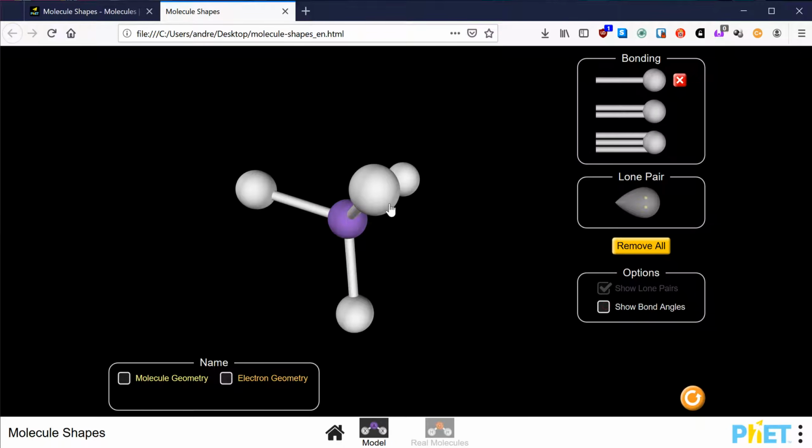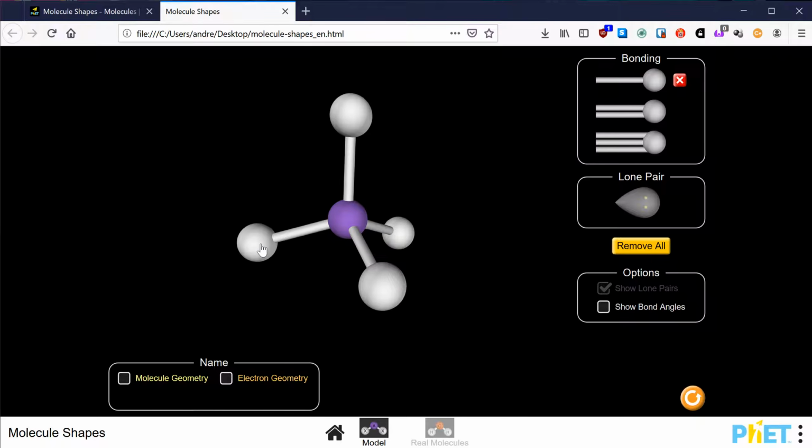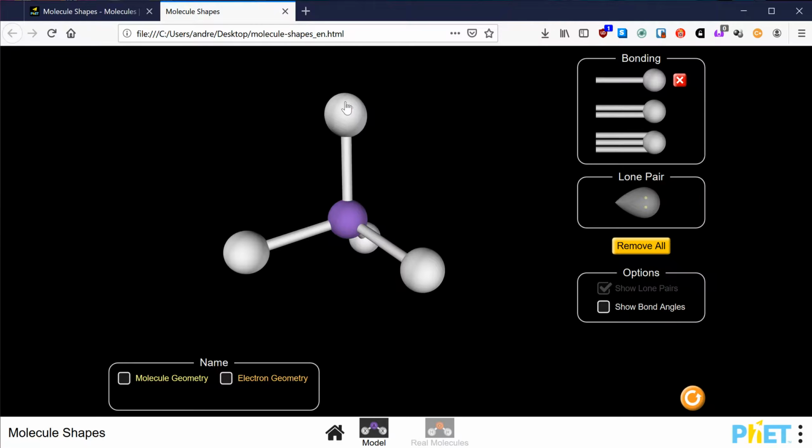Let's get rid of the bond angles for now. And let's orient this molecule so that this top bond here and this bottom left bond here are basically flat. So if you were to draw these bonds here in 2D, each of them would be flat.